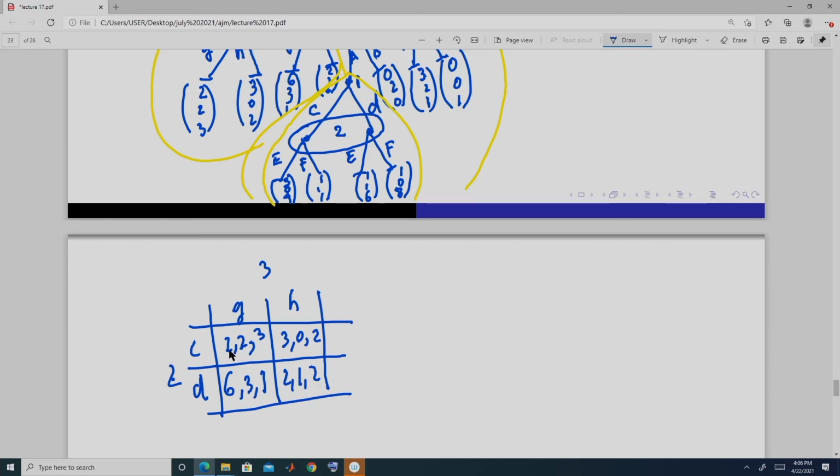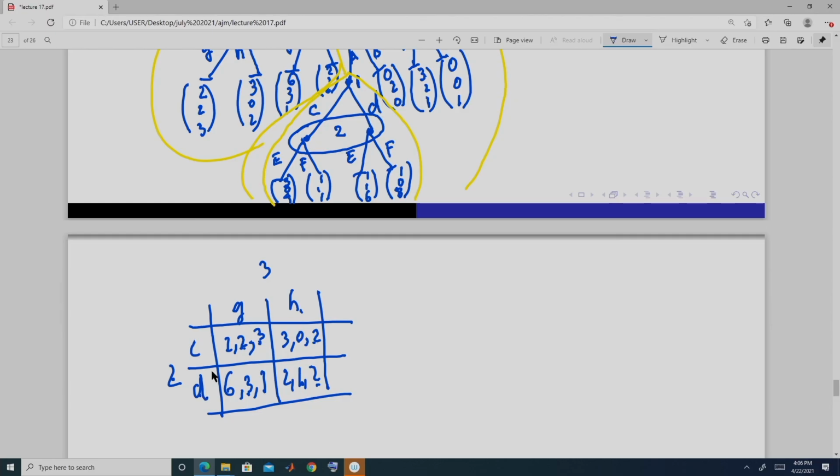So, here if player 2 plays C, player 3 is going to play H, because 3 is greater than 2. And if player 2 plays G, it is going to play D because 3 is greater than 2. And if it plays this, it is going to choose this one because 2 is greater than 1, and if it plays H, it is going to choose D because 1 is greater than 0.